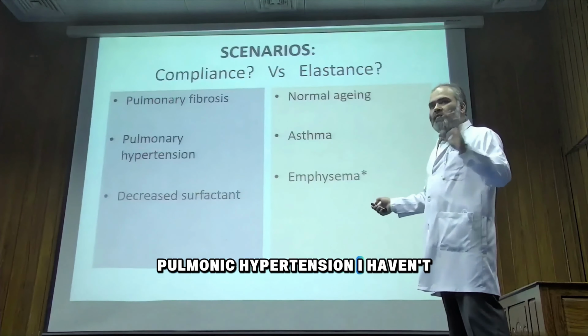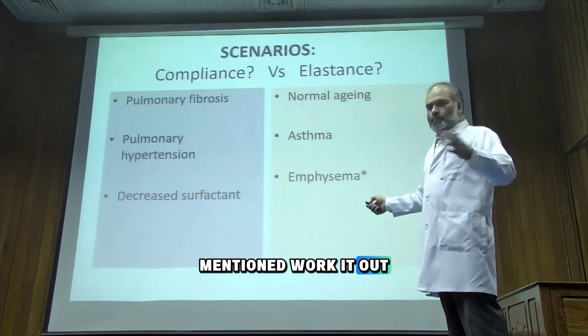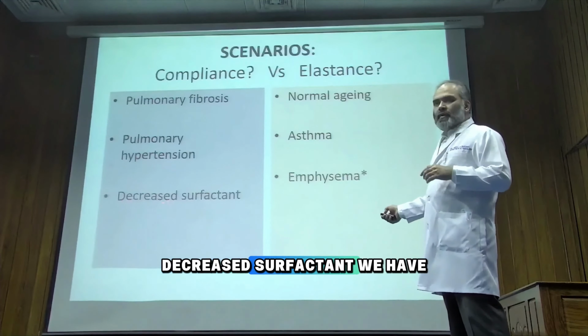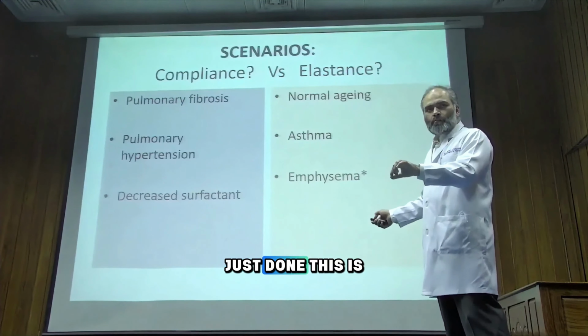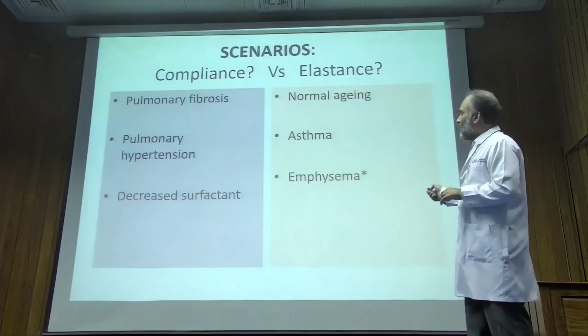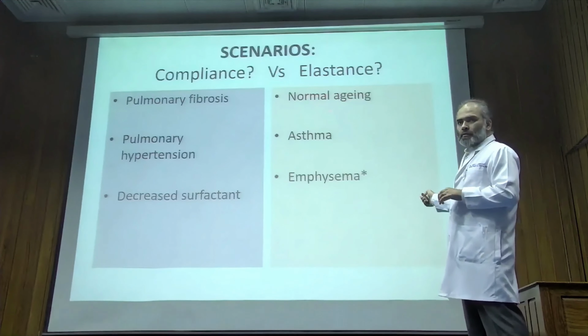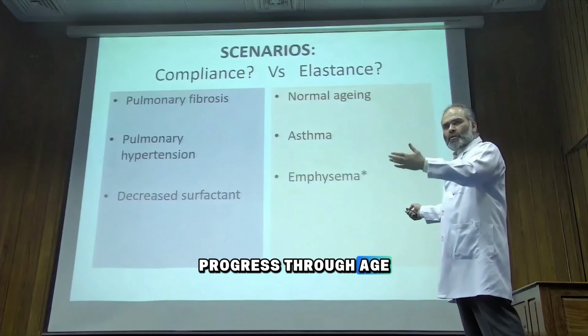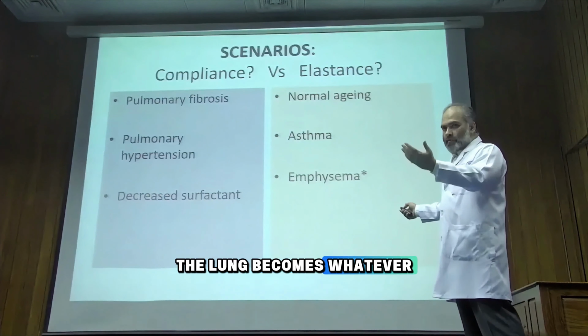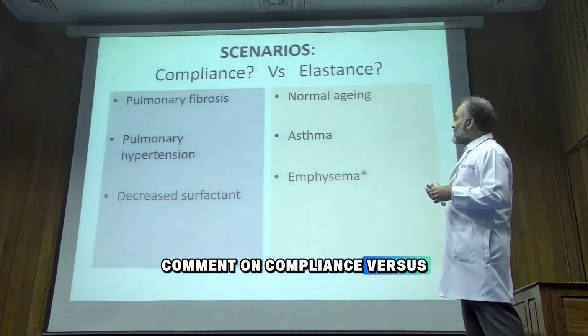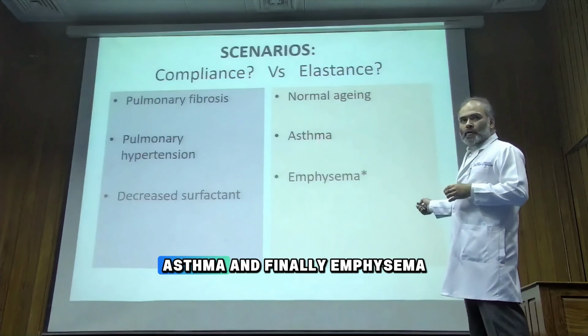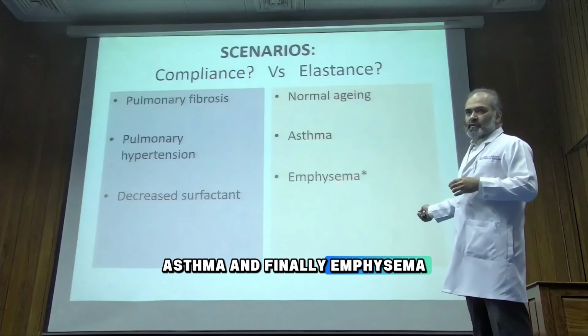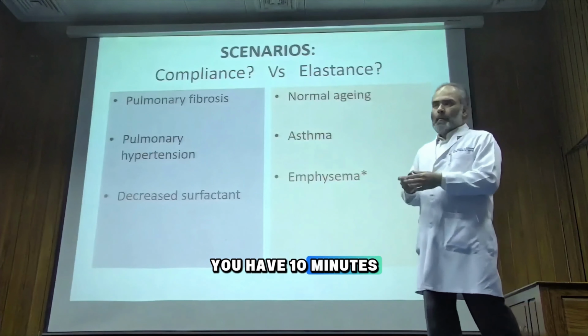Pulmonary hypertension, I haven't mentioned. Work it out. Decreased surfactant, we have just done it. These three. Normal aging. As you progress through age, the lung becomes whatever. Comment on compliance versus elastance. Asthma, and finally M5C. You have 10 minutes.